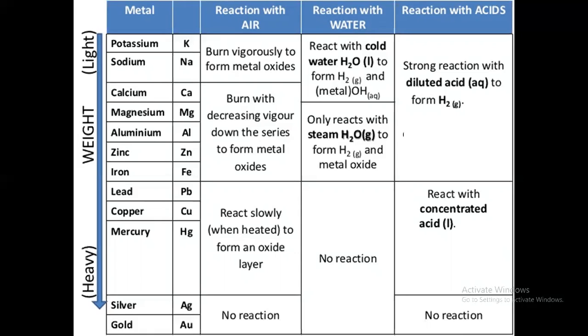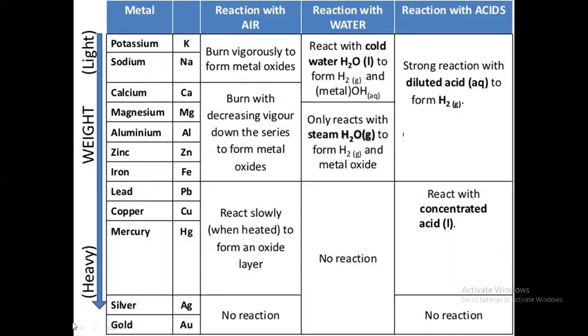But they show strong reaction in dilute acids. If you move down the series, then you will see that lead, copper, and mercury react slowly in air with oxygen. They show no reaction with water. They react with concentrated acids. They do not react with dilute acid, they react with concentrated acid.